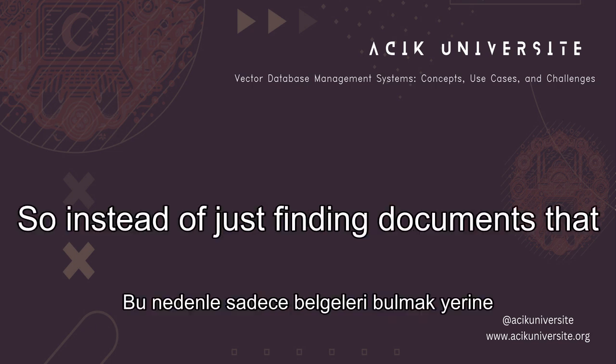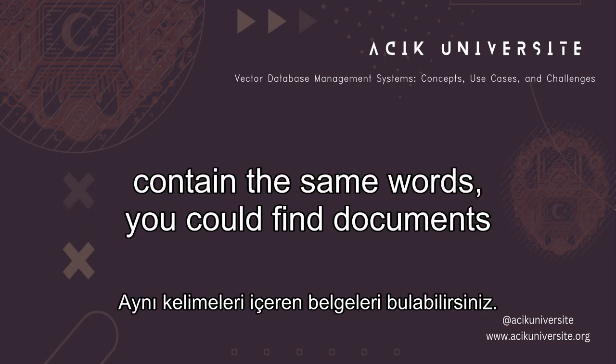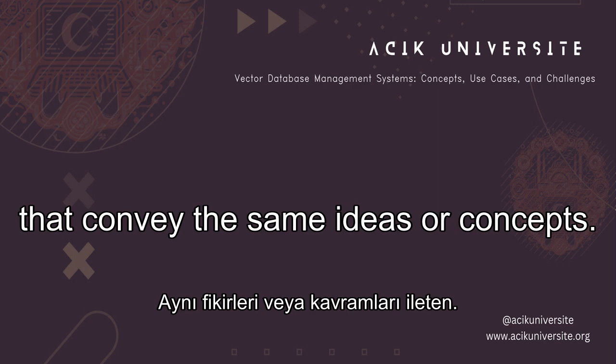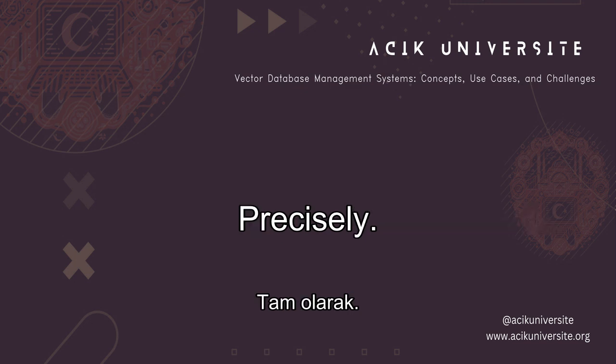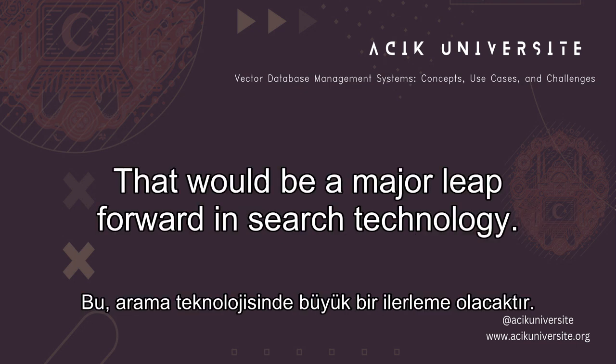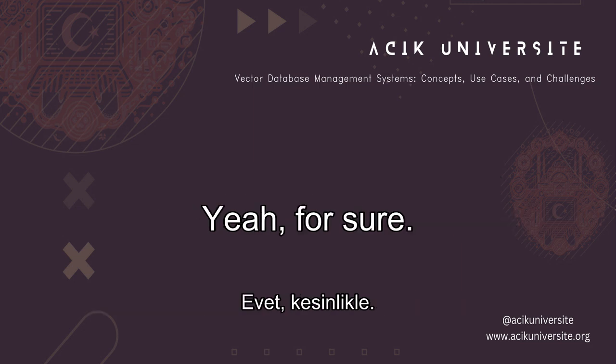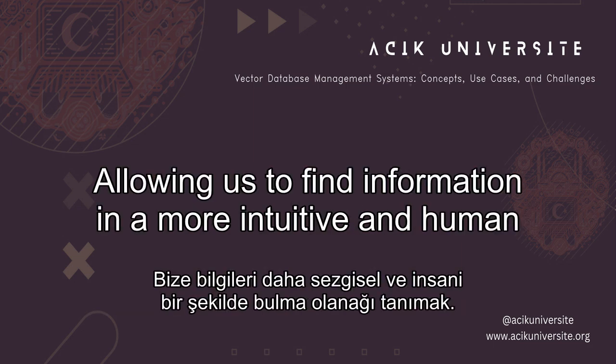Oh, that's interesting. So instead of just finding documents that contain the same words, you could find documents that convey the same ideas or concepts, even if they use different words. Precisely. That would be a major leap forward in search technology, allowing us to find information in a more intuitive and human-like way.